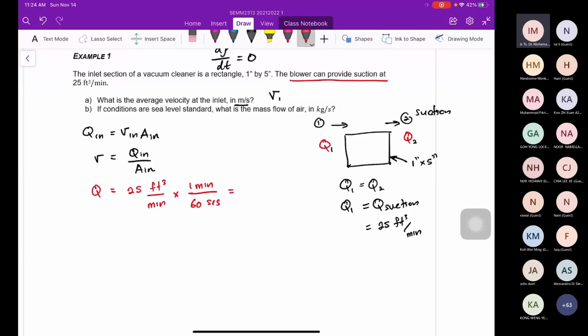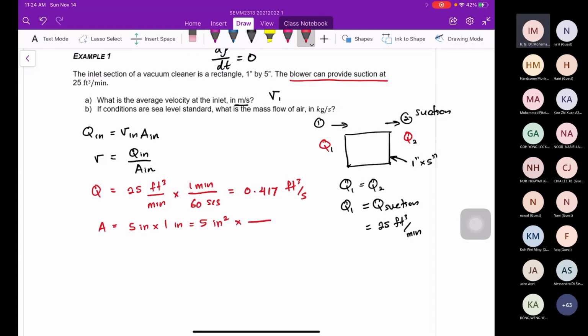So I will get 0.417 feet cubed per second. And then the area as well. The area is given as 5 inch multiplied with 1 inch, which is 5 inch squared.